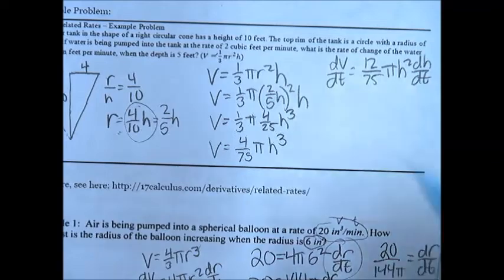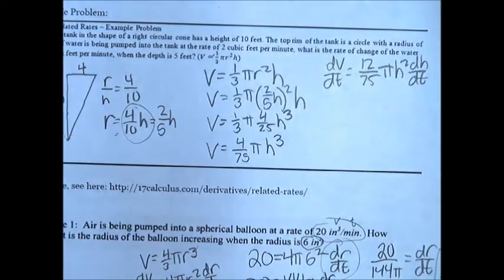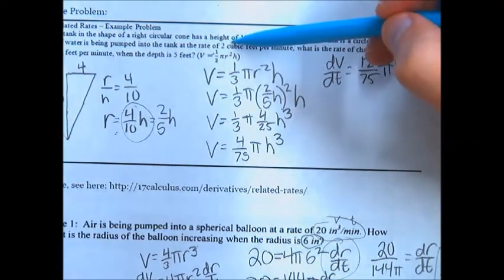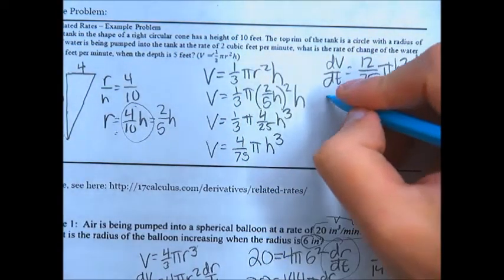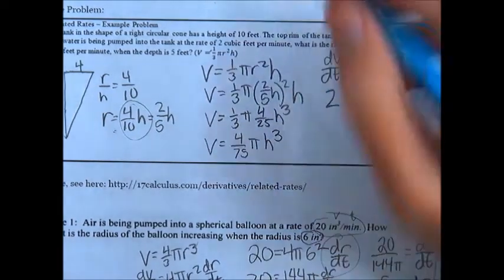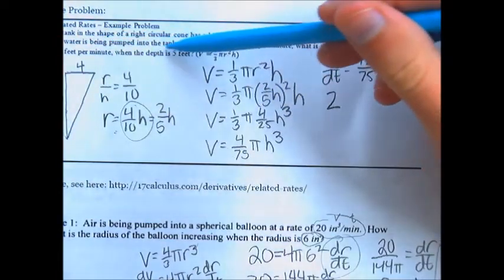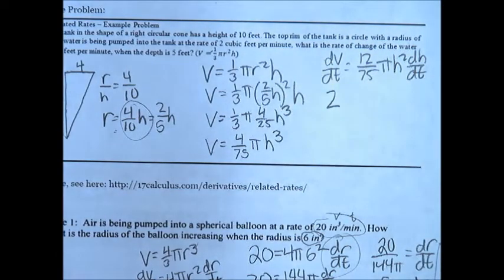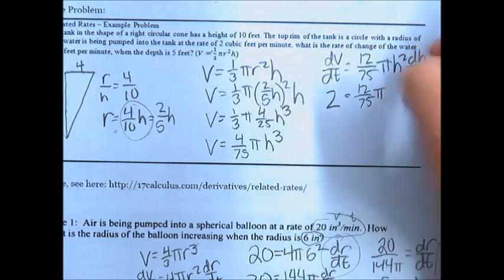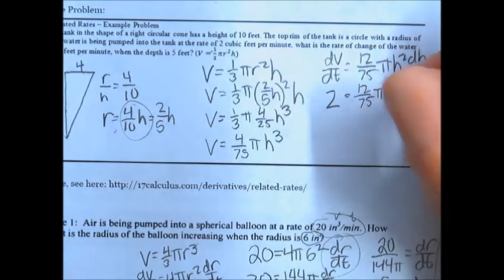So let's plug in all the stuff we know. Where are we? If water is being pumped into the tank at a rate of 2 cubic feet per minute, 2. What is the rate of change of the water depth in feet per minute when the depth is 5 feet? So we know h is 5. So 12 over 75 times pi times 25 dh/dt.